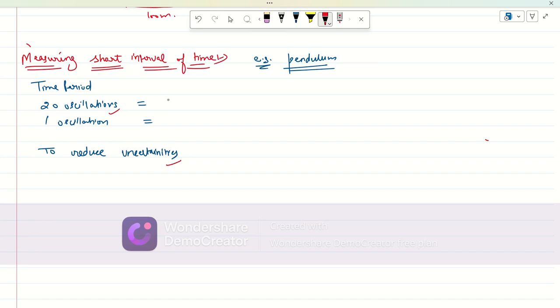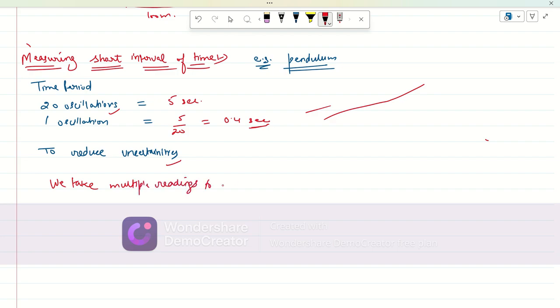Let's say for 20 oscillations the time taken is 5 seconds. For one oscillation, you divide 5 by 20, which comes out to be 0.4 seconds. Why do we take multiple readings? We take multiple readings to reduce uncertainty.